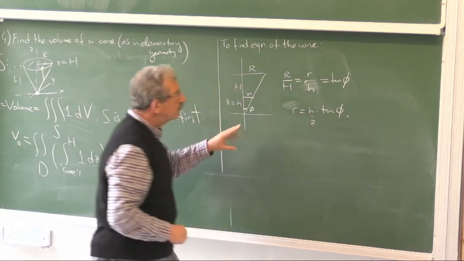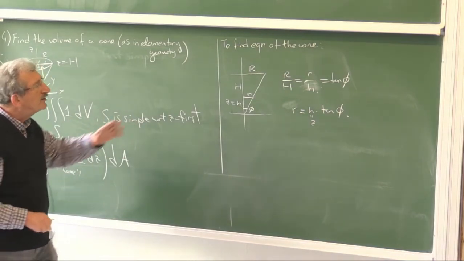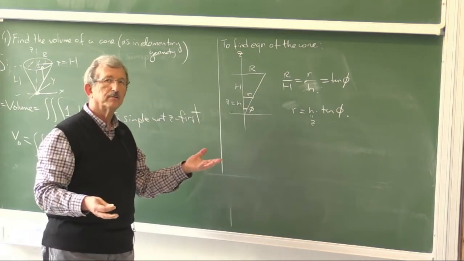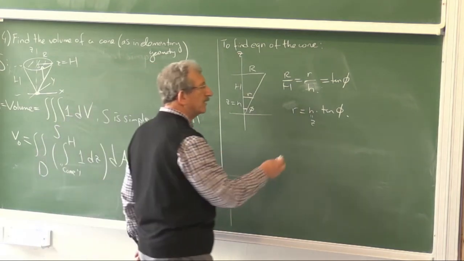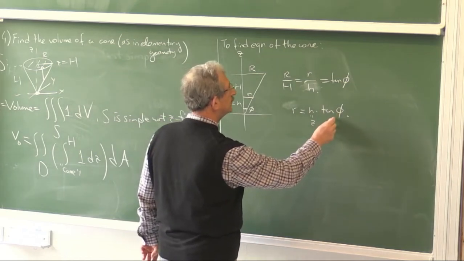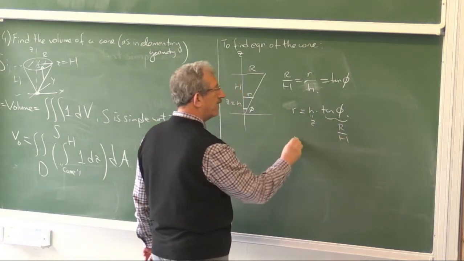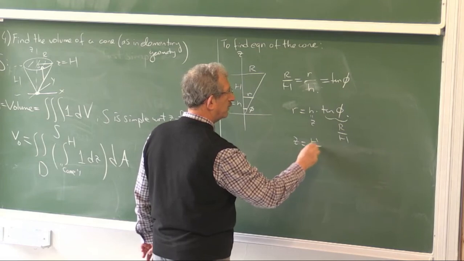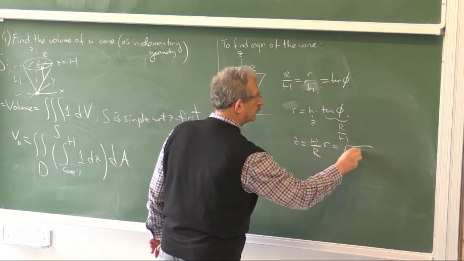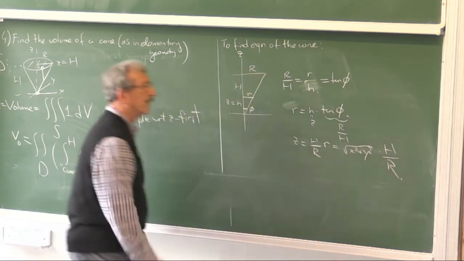So we have this relation between z and r all the time. Here r is the distance from the z axis, so it's the polar r. So this tangent phi is, of course, r over h. So we have z is h over r, which happens to be square root of x squared plus y squared times h.